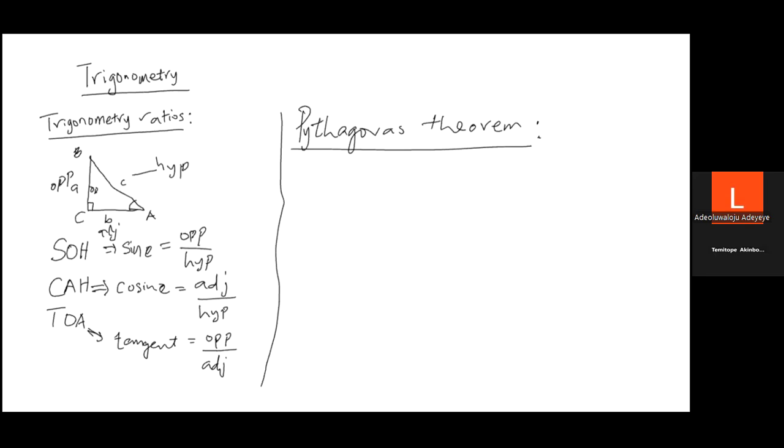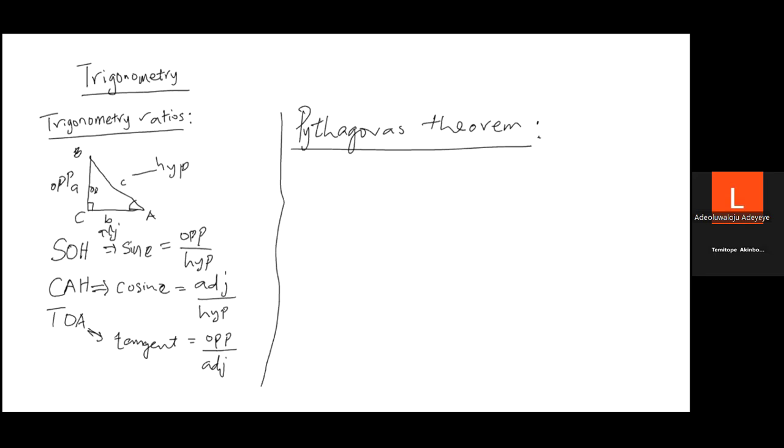Okay, now, Pythagoras theorem. Can you state it? A squared plus b squared equals c squared, right? Okay, that's the summary, but can you state it in statement form?